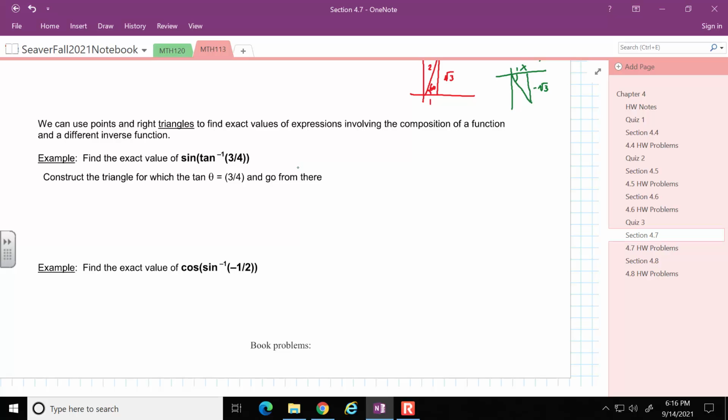So we have to think about that a little bit. Find the exact value of the sine of tangent inverse of 3/4. So the first question I'll ask you is, what quadrant will this lie in? Got 4 choices. Pick one.